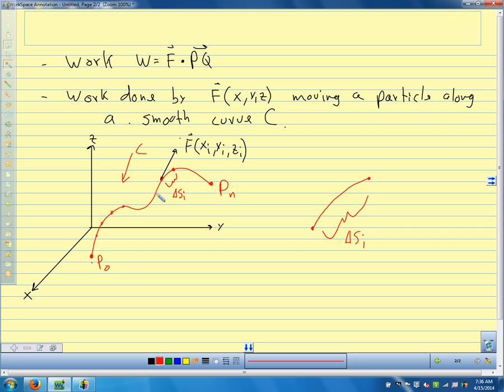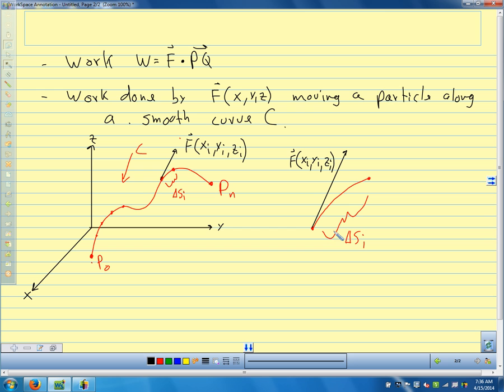So we're magnifying this little piece. Here is our force vector. And the force only does work in the direction of motion.